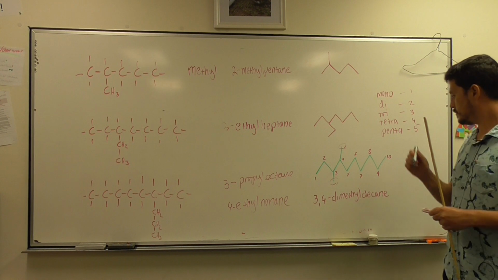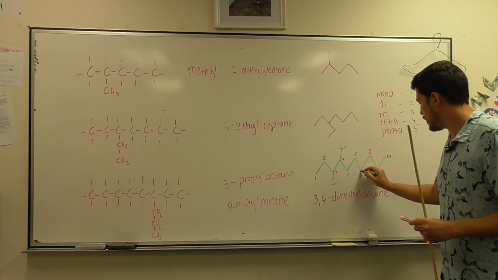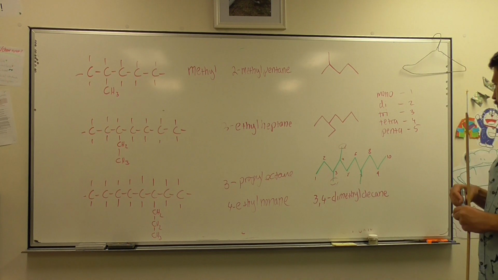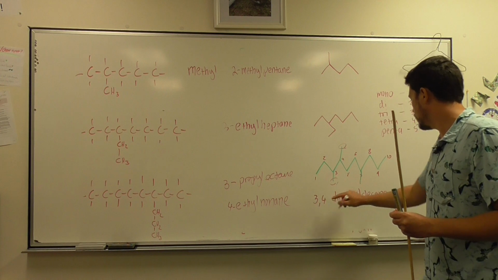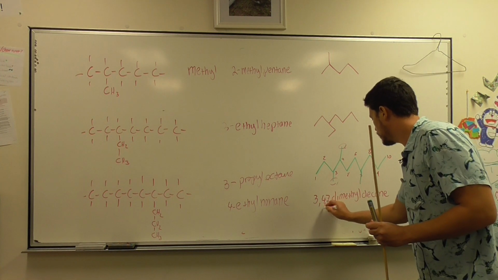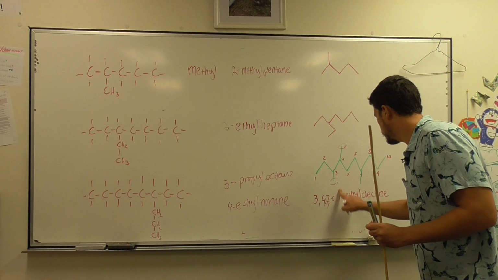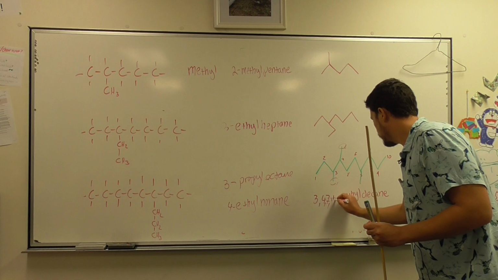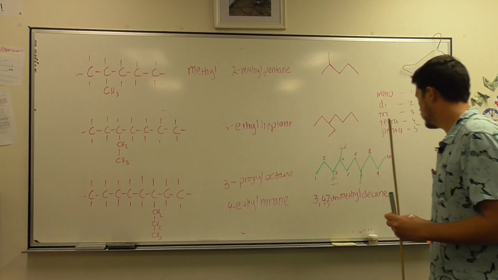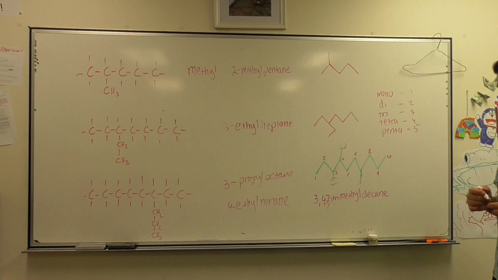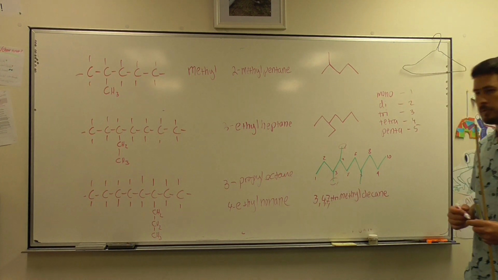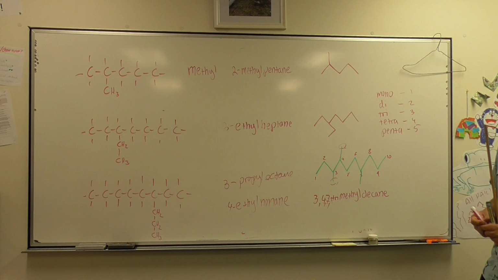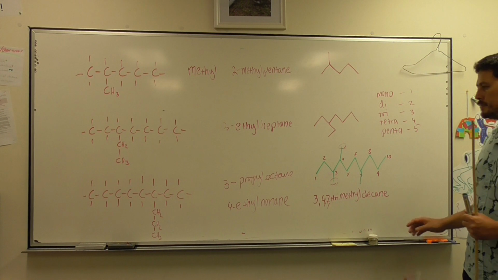I could add another one and put it there. So 3, 4, 7 dash trimethyl decane. So now I've added 3. The commas and the dashes are important. It's all part of the IUPAC nomenclature.